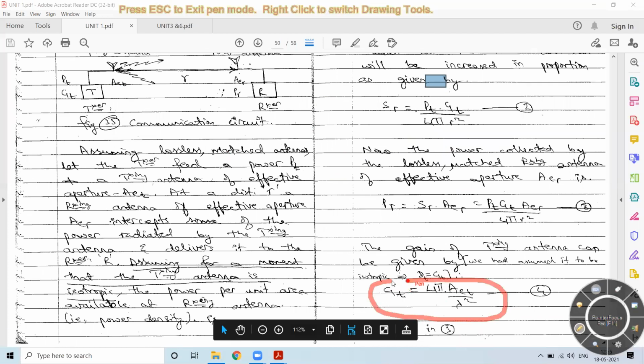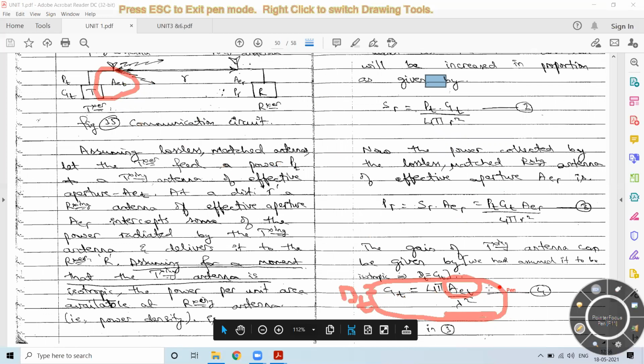So assuming that the gain is equal to the directivity, and directivity is given by 4 pi into effective aperture divided by lambda square, what is the effective aperture of the transmitting antenna? It is AET. So we substitute that, and we obtain 4 pi into AET divided by lambda square.